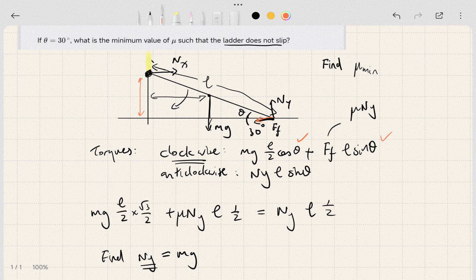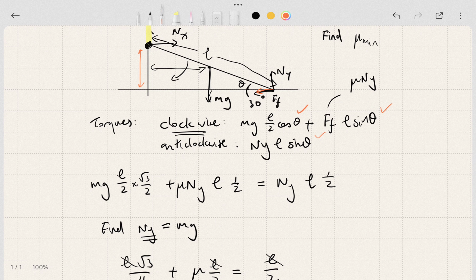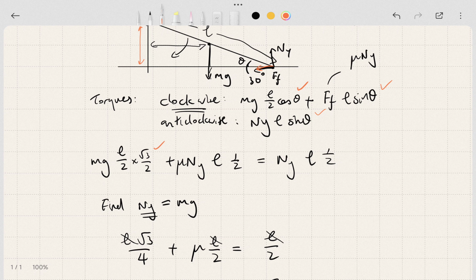And the anticlockwise torque is from Ny, the vertical normal force, times the distance L cos theta, which is also correct. And let's have a look here. So theta is equal to 30 degrees. So cosine of 30 degrees is root 3 over 2, which is correct.